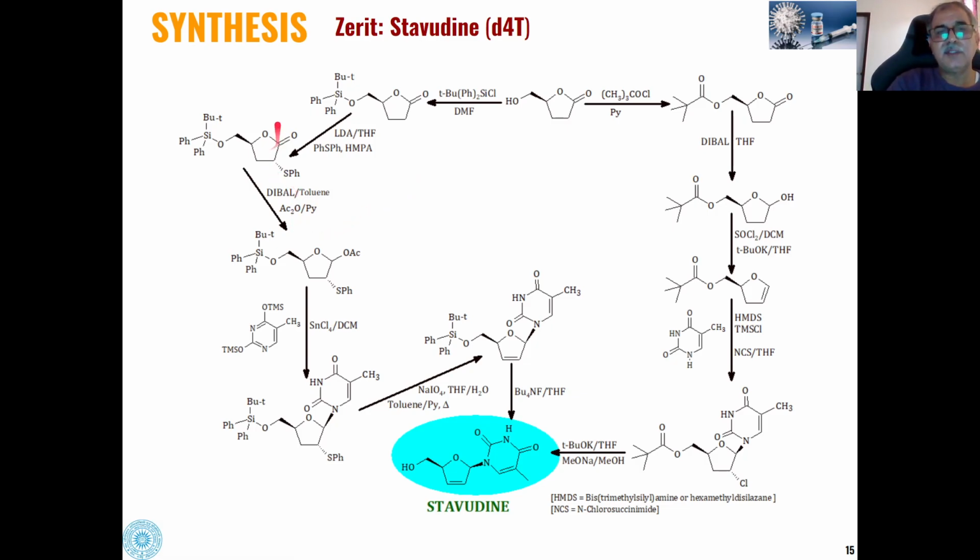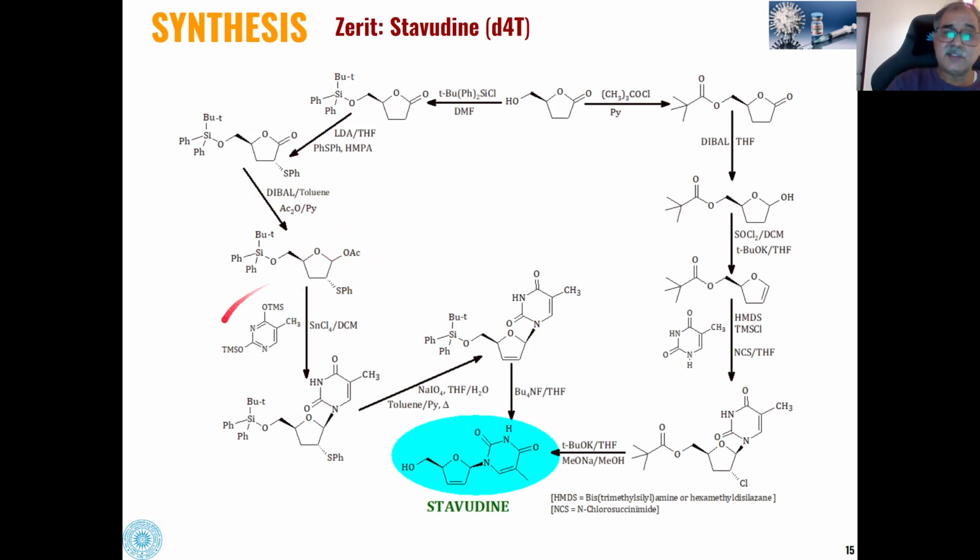Then this alpha S-phenyl butyrolactone will react with DIBAL in toluene. DIBAL in toluene will convert this ketone into an alcohol, that is a hydroxyl group. Then that hydroxyl group will react with acetic anhydride in pyridine, and the corresponding acetate will be formed.